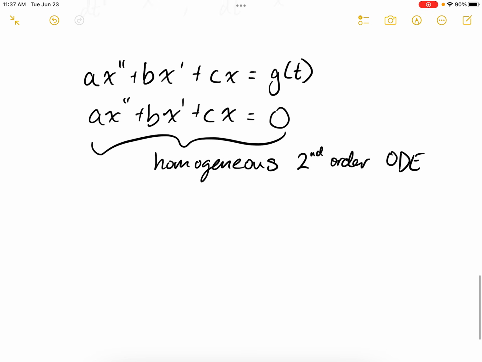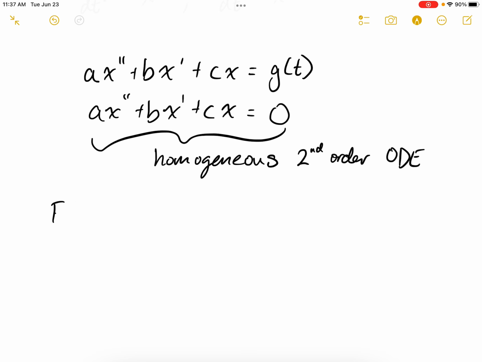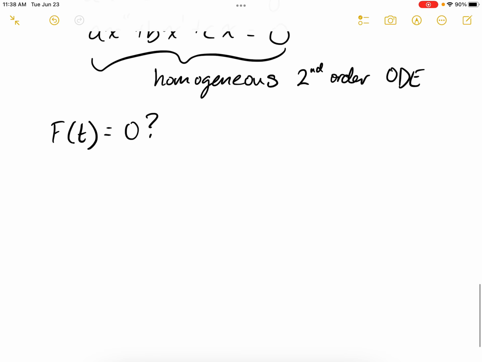However, in this case, what does it mean if f of t is equal to 0? Take a minute to think about that. So, if f of t is equal to 0, then this just means that there is no sound.